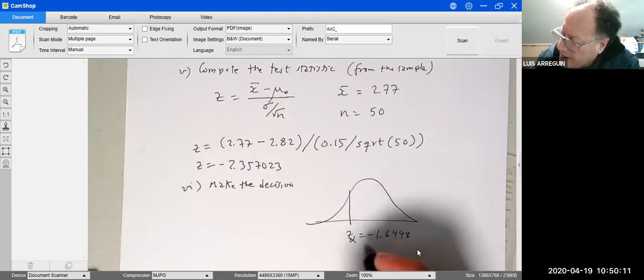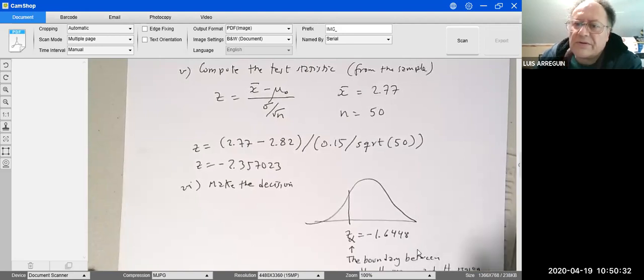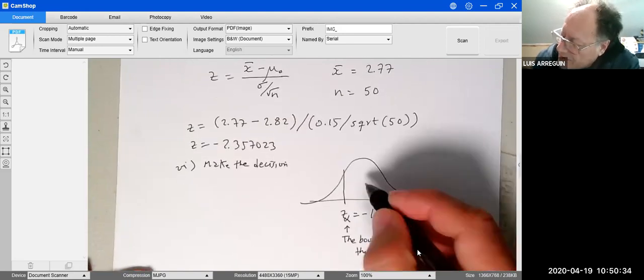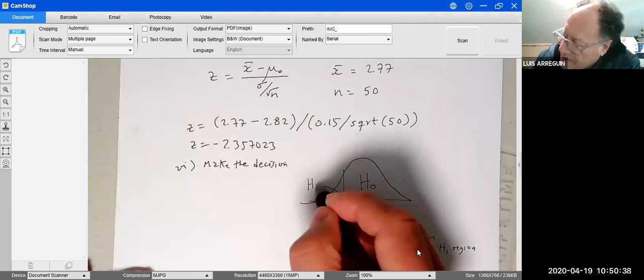So that's the border or the boundary. This is the boundary between the null region and the alternative region to make our decision.